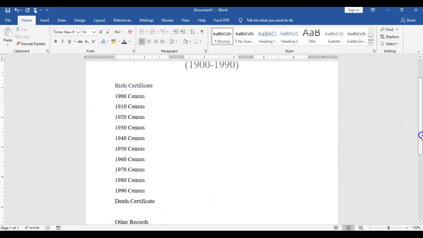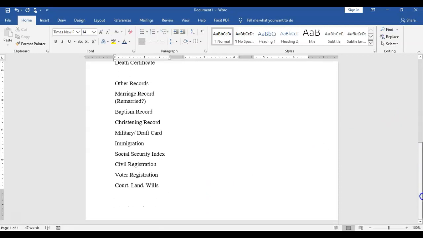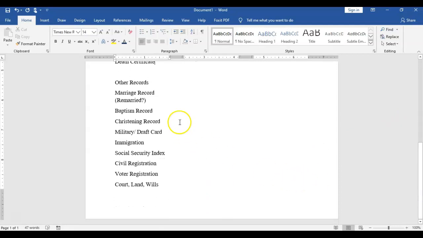As I scroll down, here are some other records that also prove that this person was alive. Perhaps John Smith got married. Maybe when his wife died, he got remarried. So these are other records that prove he was alive. Maybe he got baptized, or he had a christening, which is a religious ceremony. Perhaps he served in the military, or he was drafted.